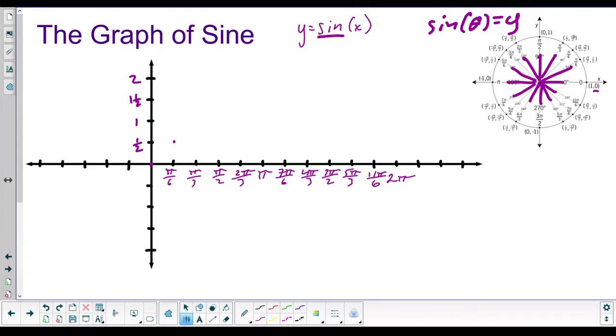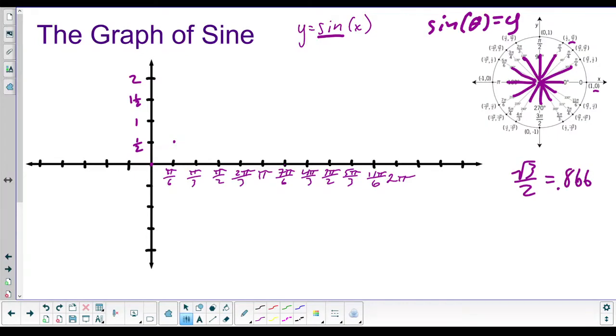At pi over 3, we are at radical 3 over 2. So I'm going to convert that to a decimal just to make it a little bit nicer for us to try and graph. As a decimal, radical 3 over 2 is 0.866.